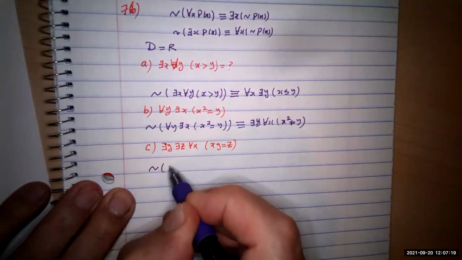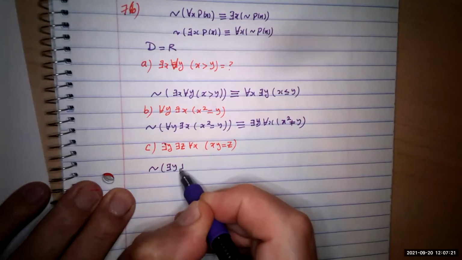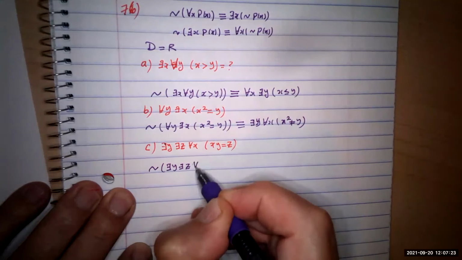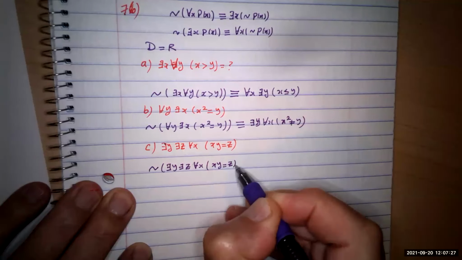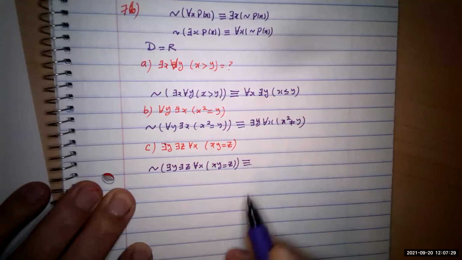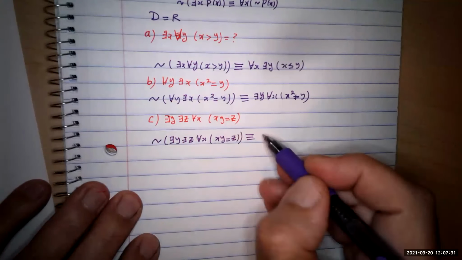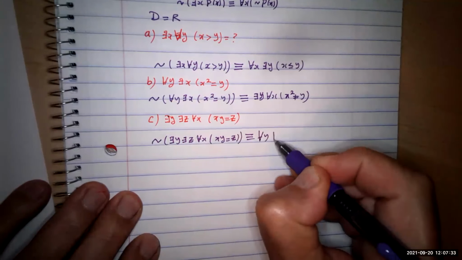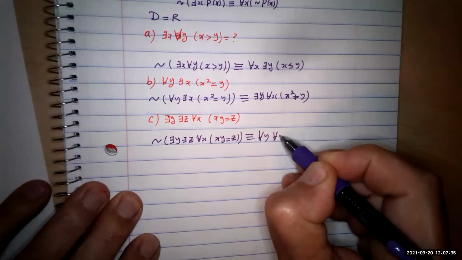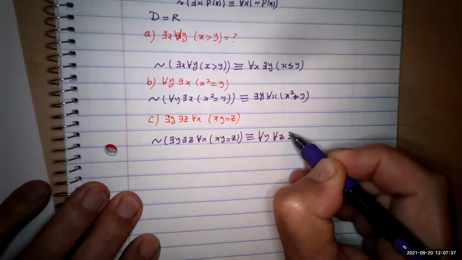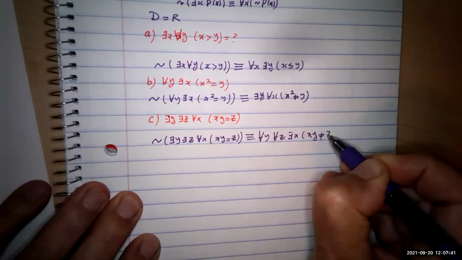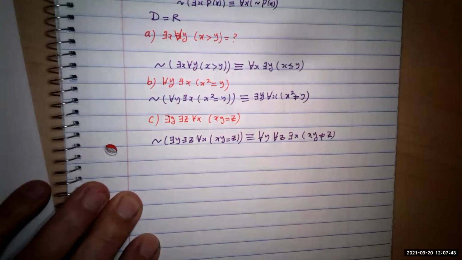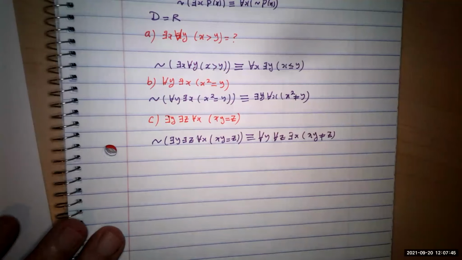So the negation of there exists a y, there exists a z, such that for all x, x times y is equal to z, would be: for all y, for all z, there is an x such that x times y is not equal to z. So that would be the negation.